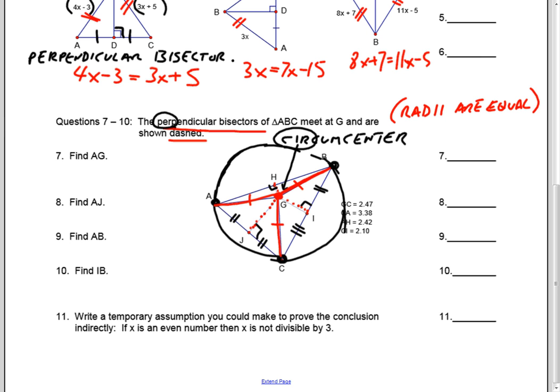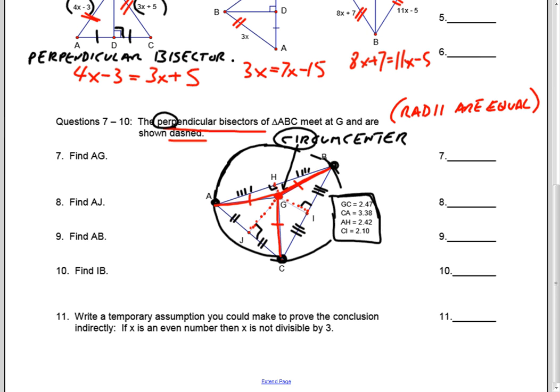This little piece is equal to this little piece, and 1, 2, 3, 4, 1, 2, 3, 4. So you know all of those sides are getting broken up into equal pieces. With all of that information and this information over here, you should be able to answer each of these questions.